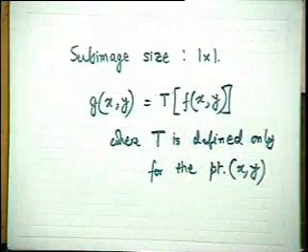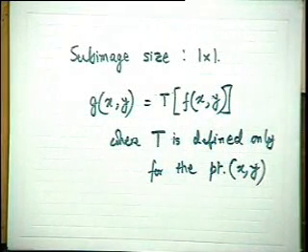So what does it really mean? It means that if I have an intensity value at a pixel, at a point xy in the input image, then the intensity value at the same point in the processed image is going to depend upon the intensity value of this pixel only.